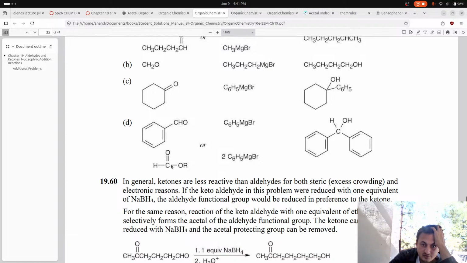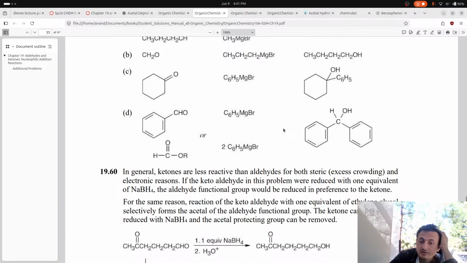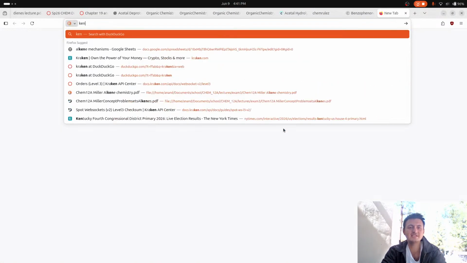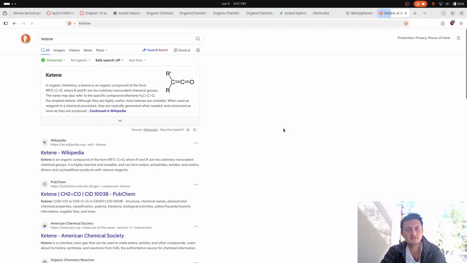And then this one, benzaldehyde and phenylmagnesium bromide. All right. Wait, what's a ketene? Ketene. Oh, interesting.